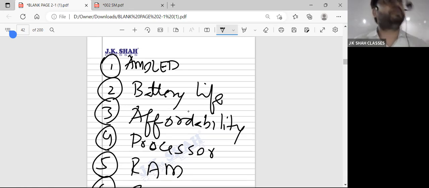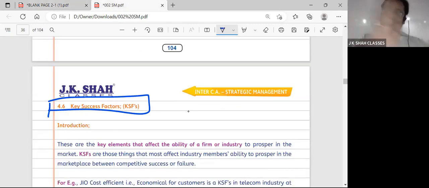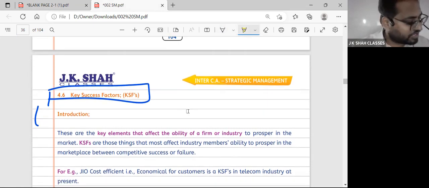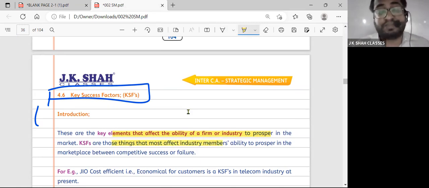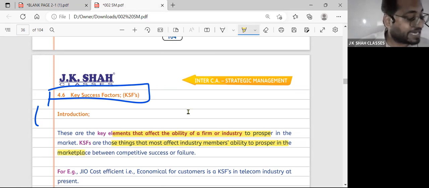This happened with Nokia, right? If you don't adapt, you will be thrown out of the market. You understood this? This is what a key success factor is. Read this: these are the key elements that affect the ability of a firm's industry to prosper. They are those things that affect the industry members' ability to prosper in the marketplace, between success and failure.